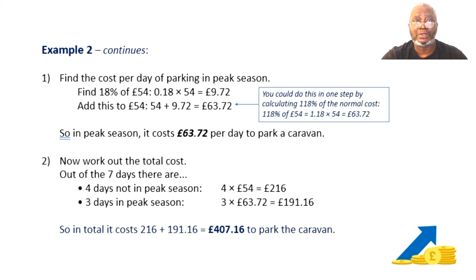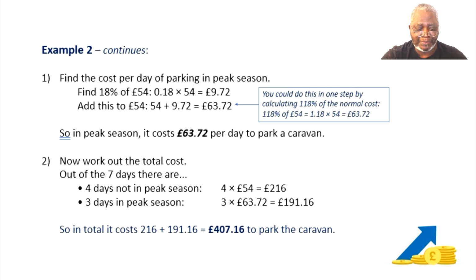Now let's find out how much it costs if you have to park some in the peak period and some in the non-peak period. So work out the total cost. Out of the 7 days, there are 4 days which are not in the peak period. So that's straightforward. 4 times 54, which is £216.